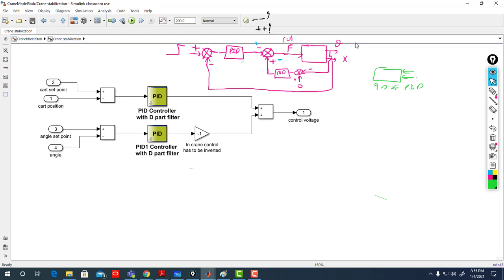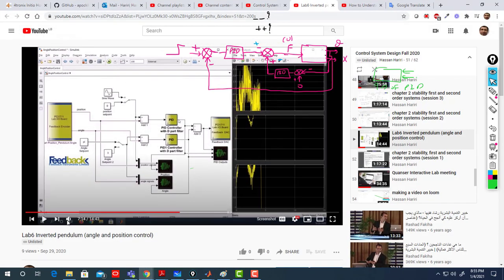So in here, the overall system, x over x reference, for example, is not stable if it is, for example, plus plus or minus minus. But plus minus, minus plus works. Okay. So you know, because PID has a problem with tracking, usually, if you remember, in here we used sine waves, so going like this.